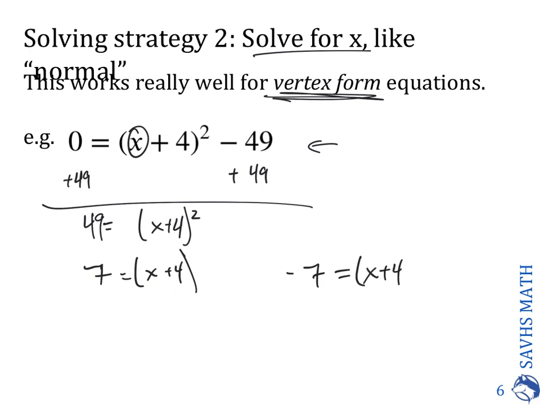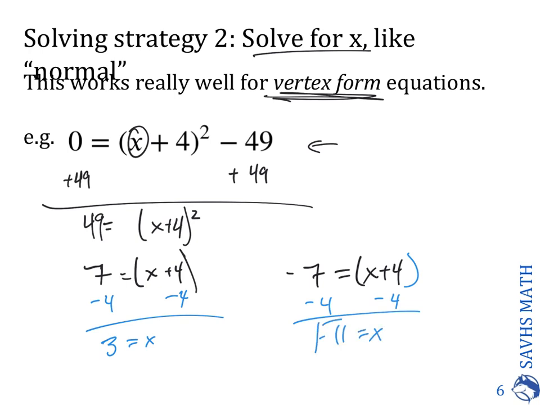So then minus 4 from both sides. I get 3 equals x here, and I get negative 11 equals x here. So my two solutions are 3 and negative 11.